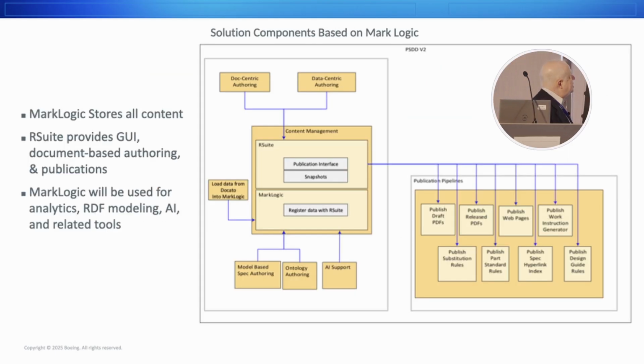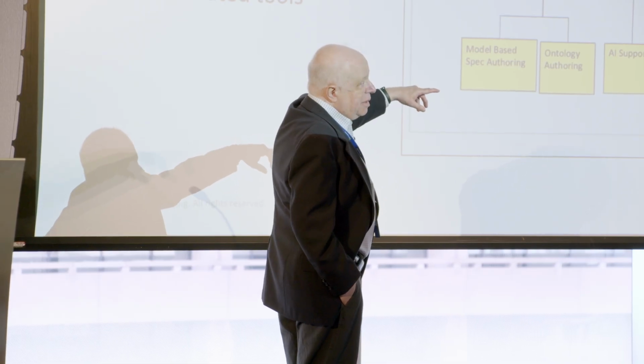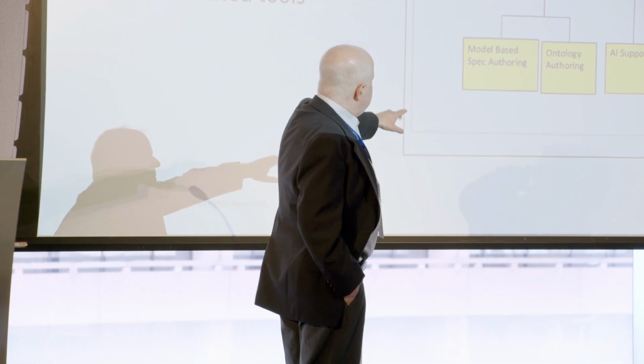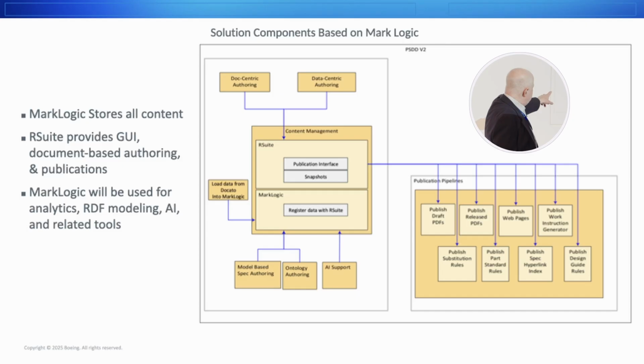So here's our high-level architecture. MarkLogic is our content management system. You can see there's MarkLogic and RSuite, and then there are other authoring tools sitting around it. We're using Oxygen, and there are some other data-centric authoring tools. At the bottom is more the semantic modeling. We're managing an ontology in RDF, but the ontology is in SHACL.